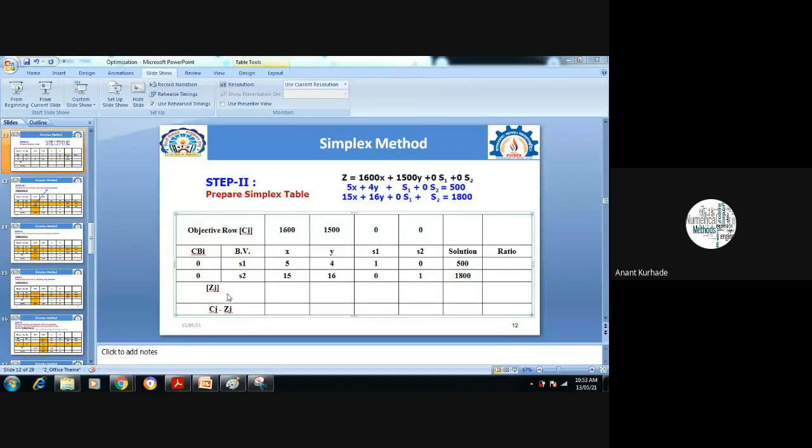That means 0 into 5 plus 0 into 15. What is your answer?